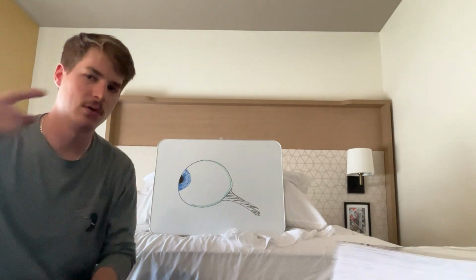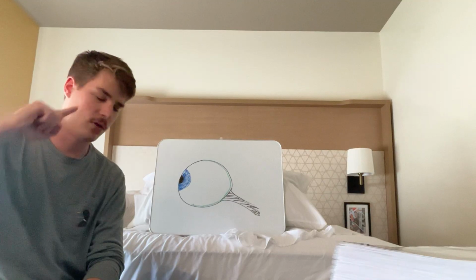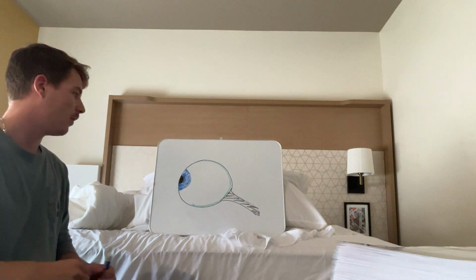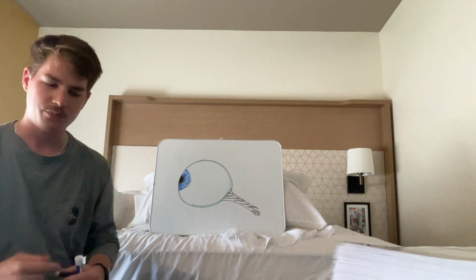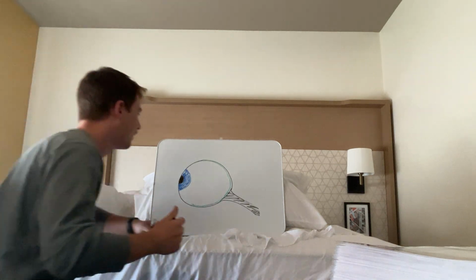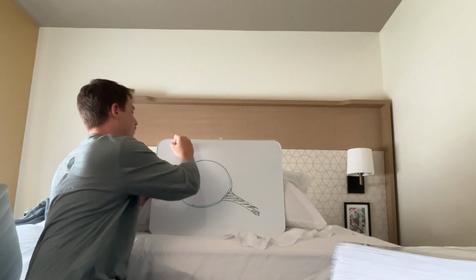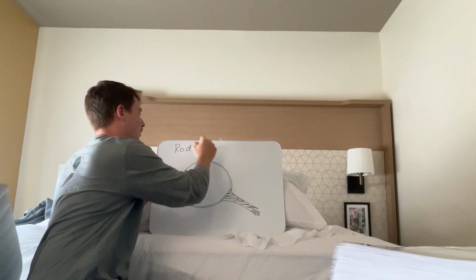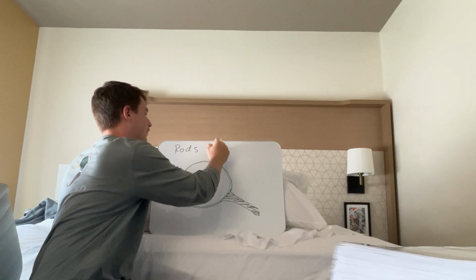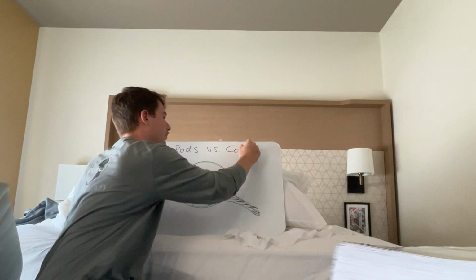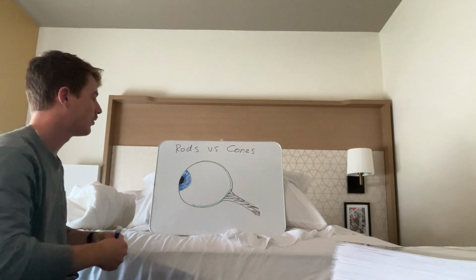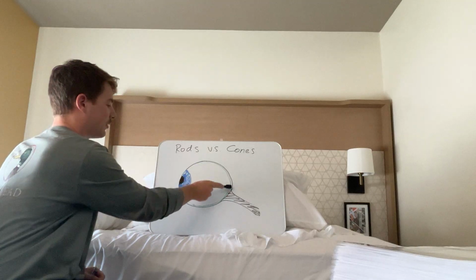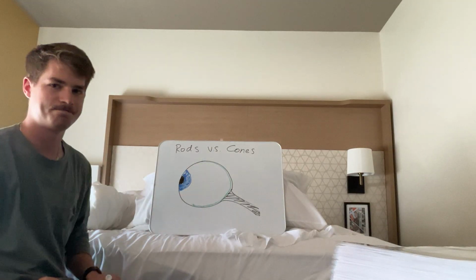Your retina goes around the back of your eyeball. Now, along the retina, you have these cells. There are two types of cells: rods and cones. So you have rods and cones all around the back side of your retina.